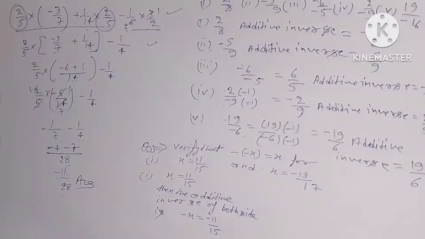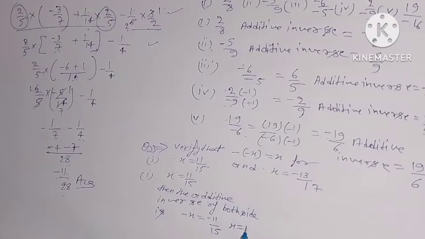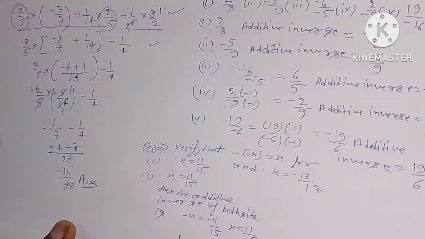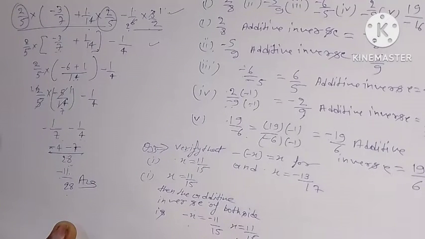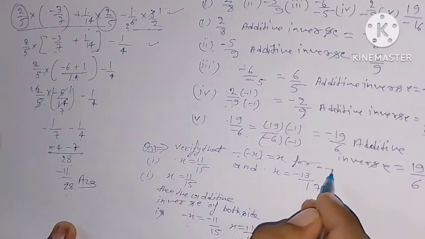The value of x is given as 11 by 15. Put the values of minus x and x in the equation minus x equals x.